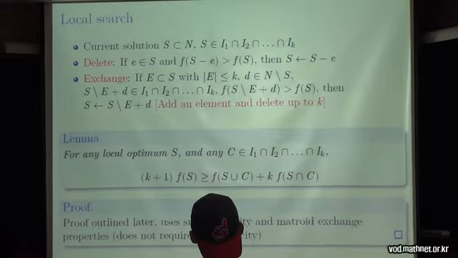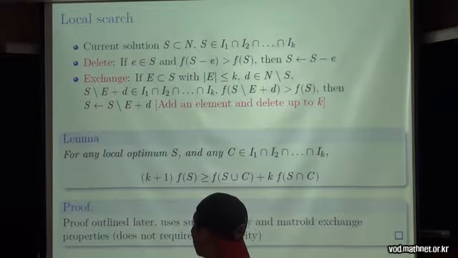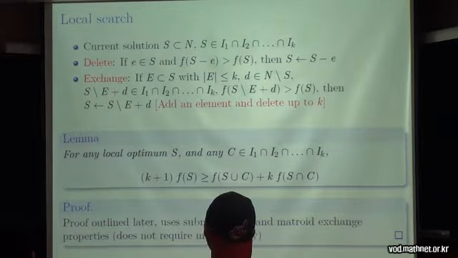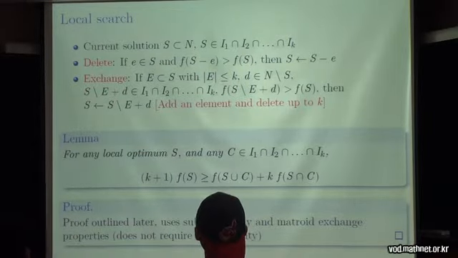Now, I have k matroids that I have to be independent in. It's maybe intuitive, but it takes a bit to prove that if you throw an element into an independent set in a matroid, it creates a unique dependency, so that there's always a choice of another element to remove that will break that dependency.